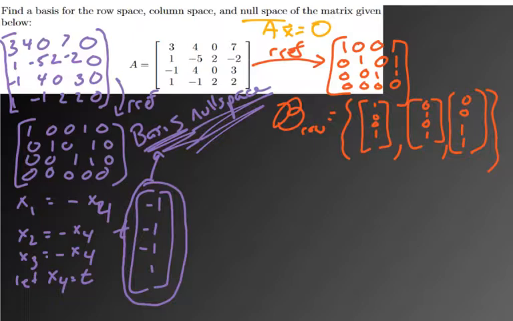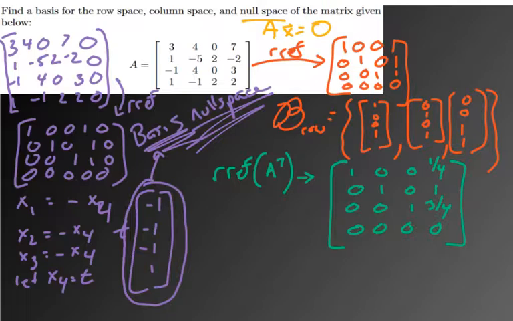And then last but not least, we're going to do the basis for the column space. The way we talked about this before is we can just do the RREF of A transpose. And if you do that, you will get that.